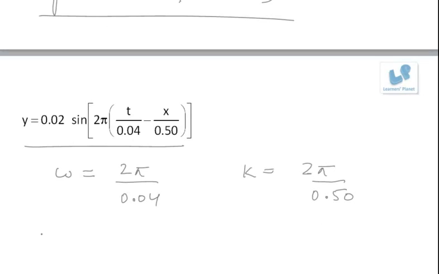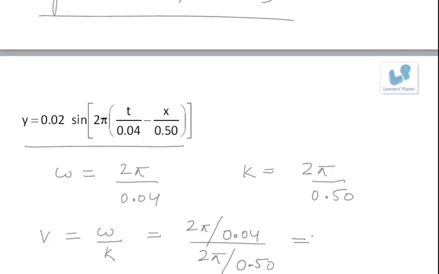Now the velocity of wave is given by omega by k. So 2 pi divided by 0.04 upon 2 pi divided by 0.50. If we solve this, 2 pi will cancel out and we will have 50 by 4 or 25 by 2.